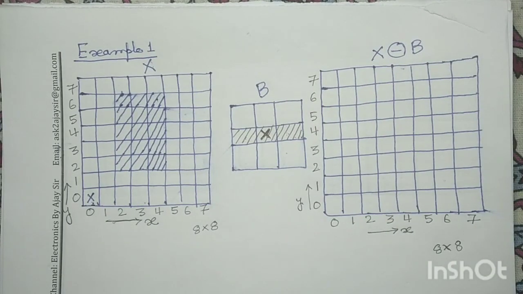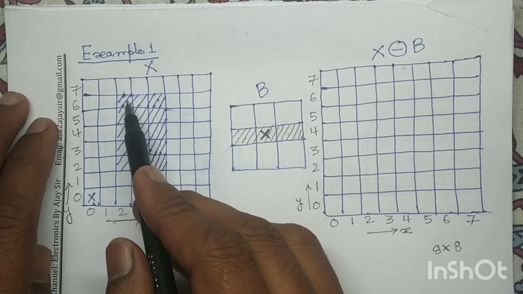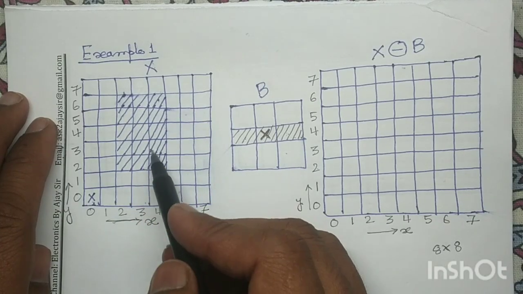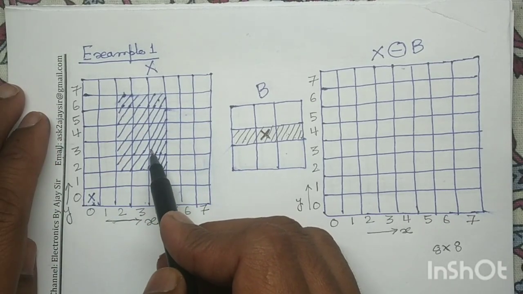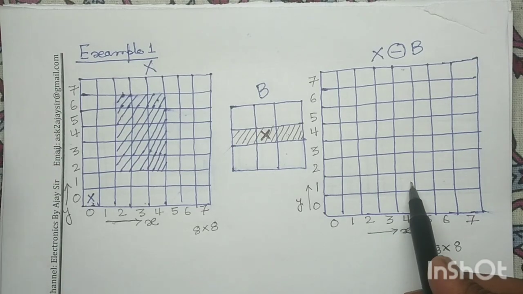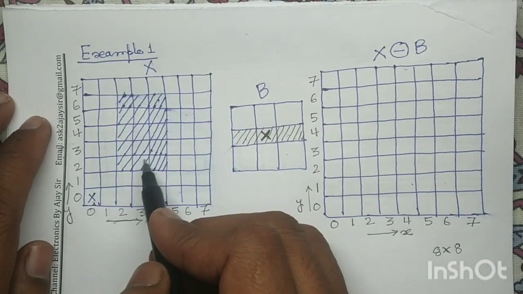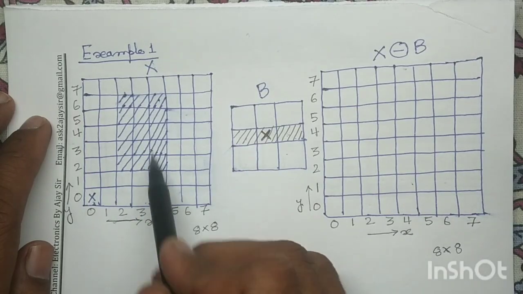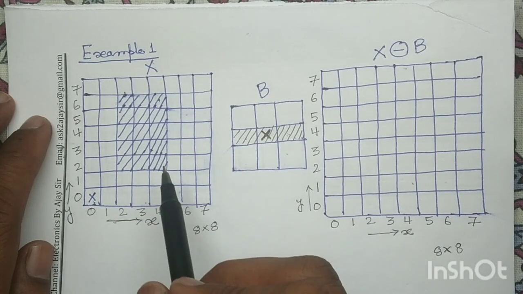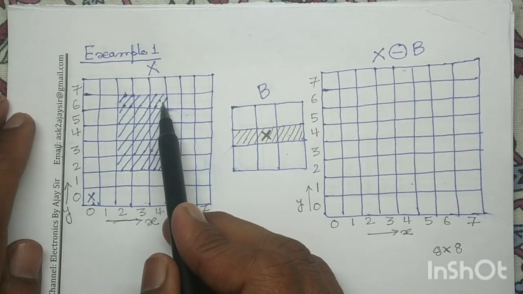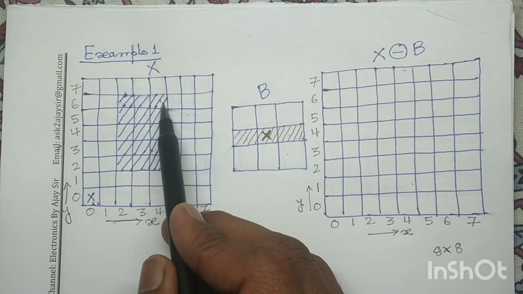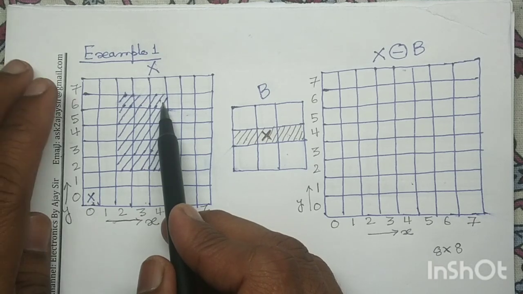Usually in erosion we have to check whether the object pixels of the input image X will be a part of the eroded output or not. So for all object pixels, we have to check this.